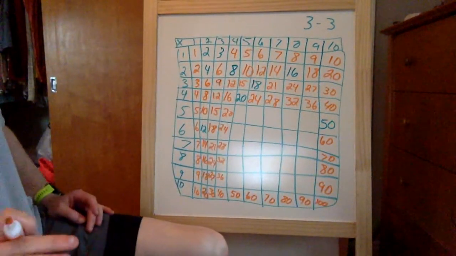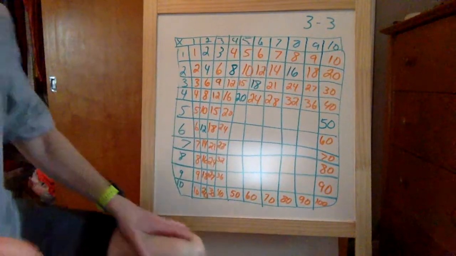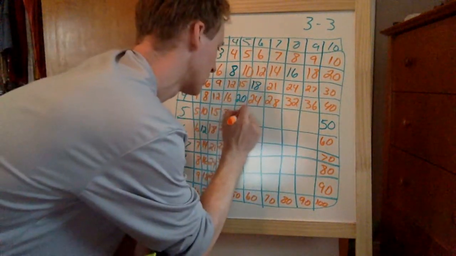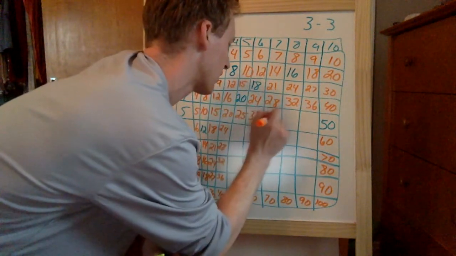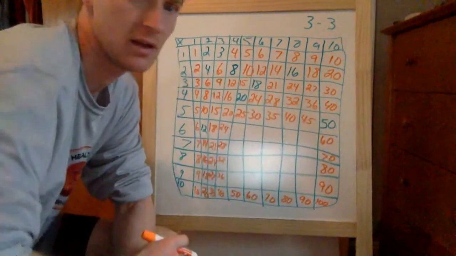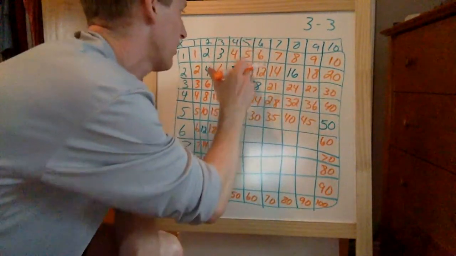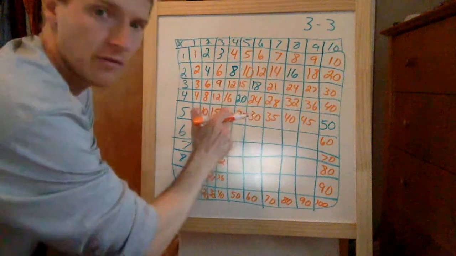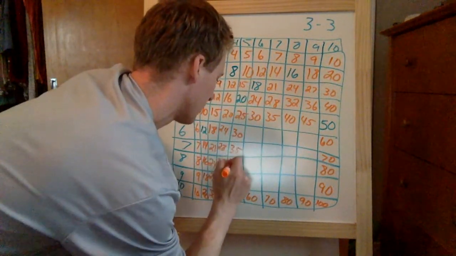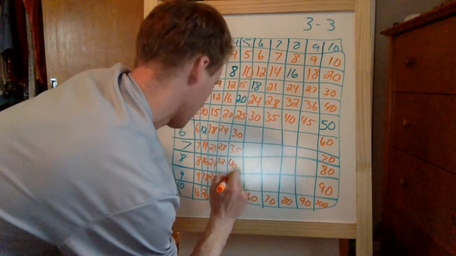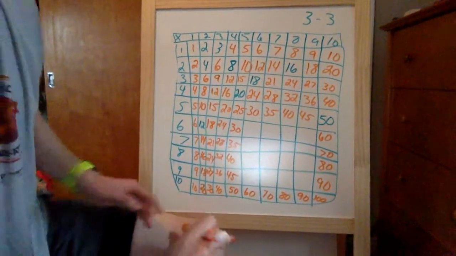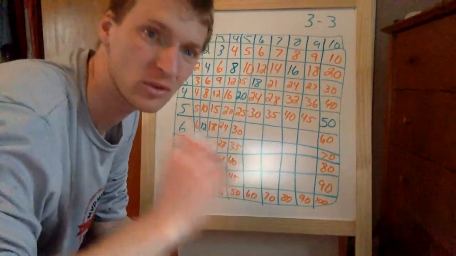And now we can do our 5's. 5, 10, 15, 20, 25, 30, 35, 40, 45, and they already had 50. And then right up here, 5, 10, 15, 20, 25, 30, 35, 40, 45, and they already have 50. Okay? And then we'll do one more. Actually, we'll stick with that one.